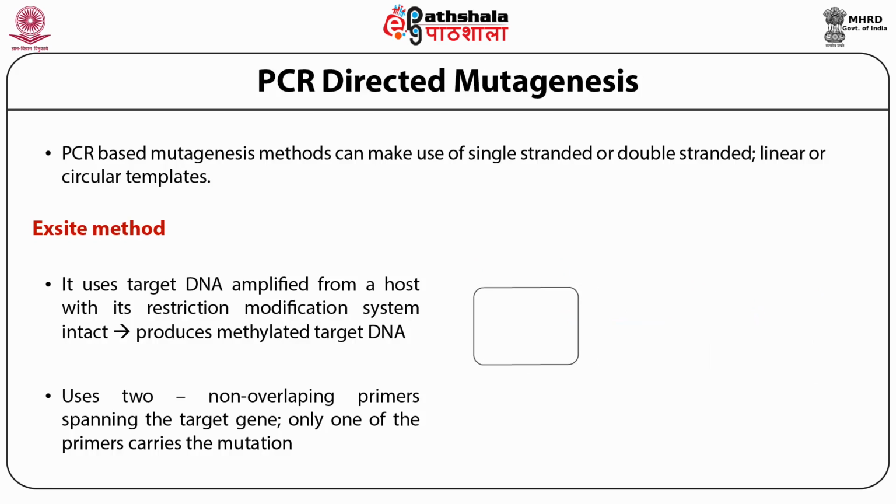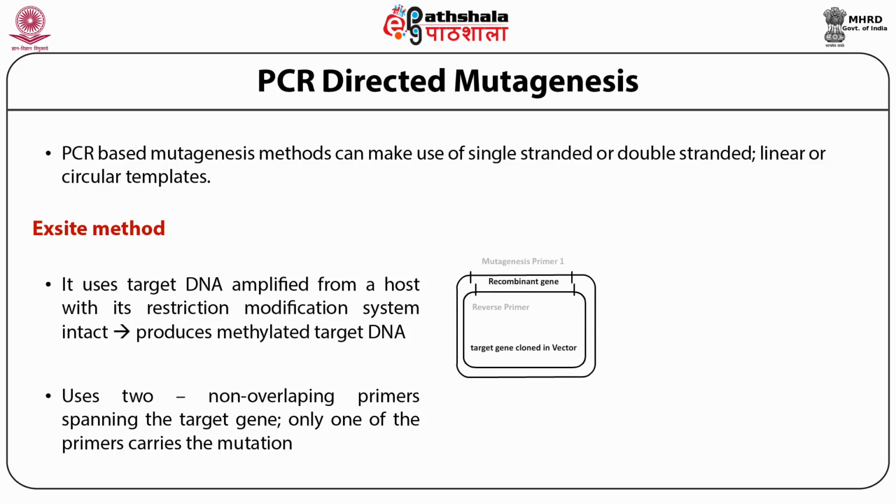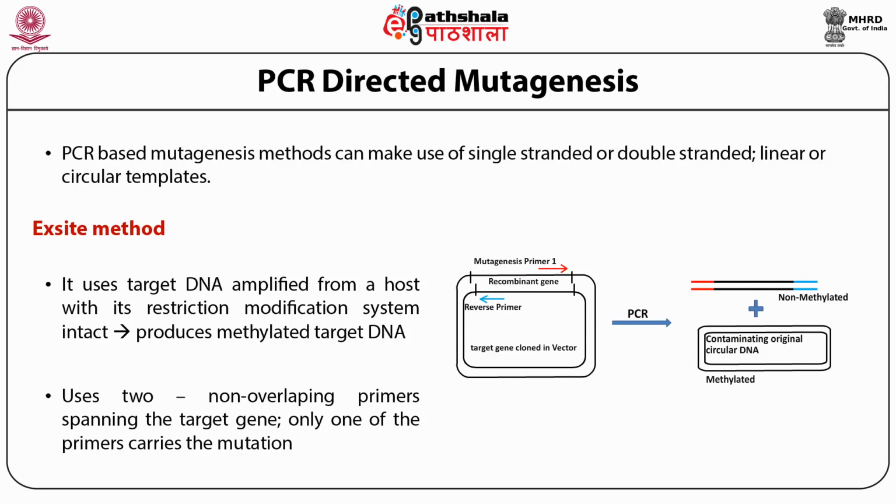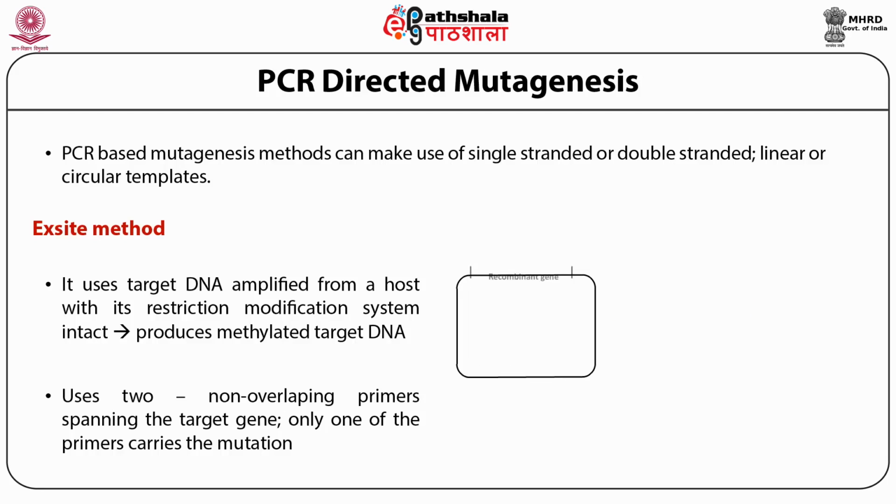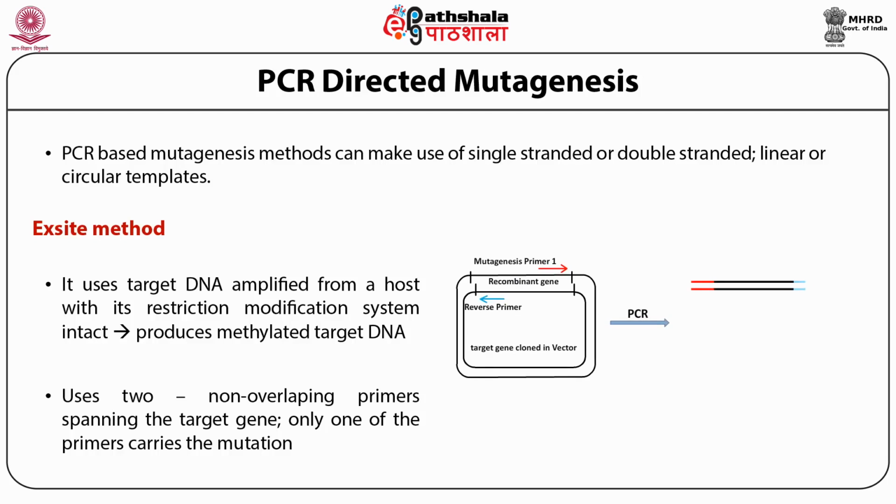Now this is subjected to a few cycles of PCR. The use of the mutagenesis primer 1 and the reverse primer would generate an amplification of a linear fragment. As we know, the reaction is carried out in vitro, so the newly synthesized DNA which is harboring the mutation at its 5' end is non-methylated.